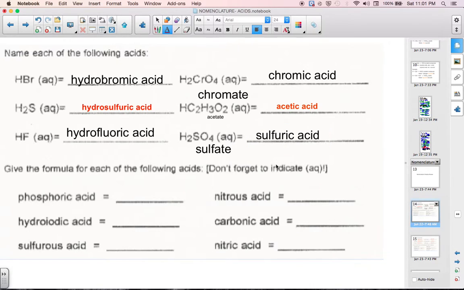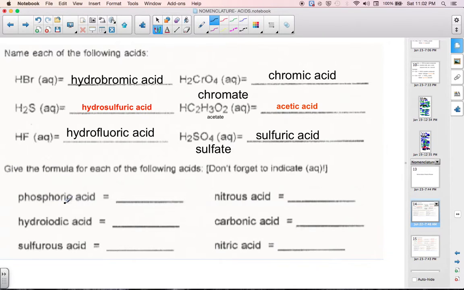Okay. All right. So now we have changed formulas to names. So now let's change the name to the formula. To do that, you have to make sure that you are paying attention to the ending of this. Okay. So let me think about this.